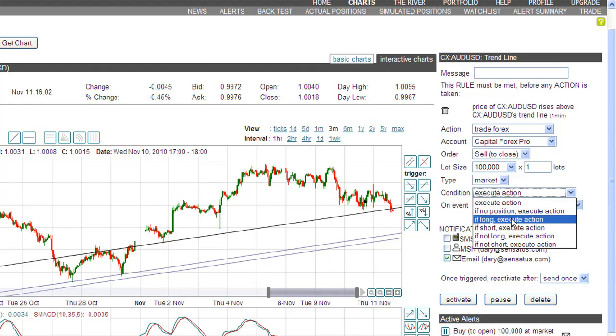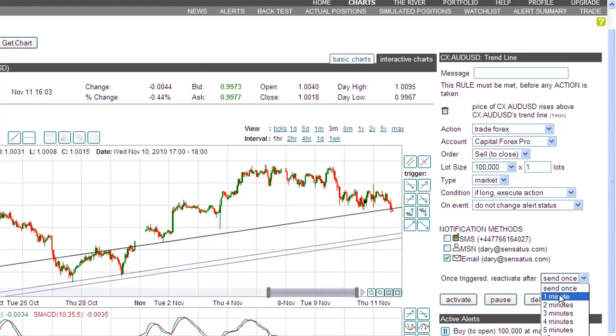Only execute this trade if I am in a long position, just in case I set up some other rule or manually close out the trade beforehand. I will not change the status of the active or paused alerts, leave it as it is, and I will set this up to repeat.